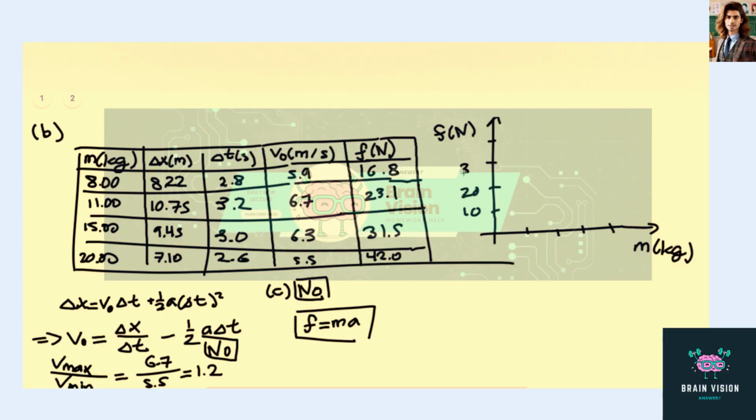I think it would make sense to go by tens on the force axis and then by fives on the mass axis.